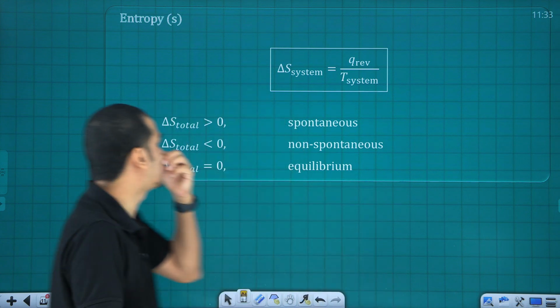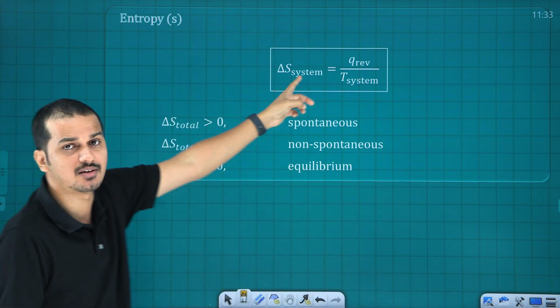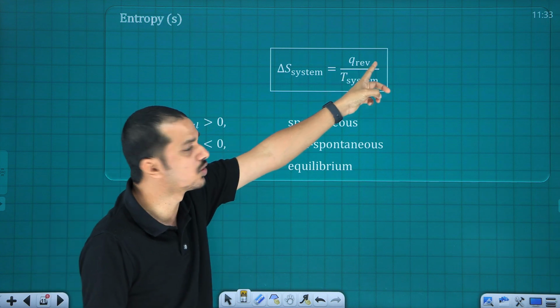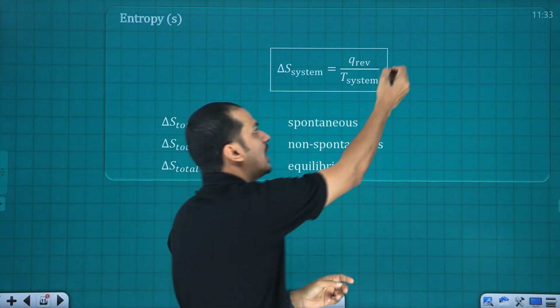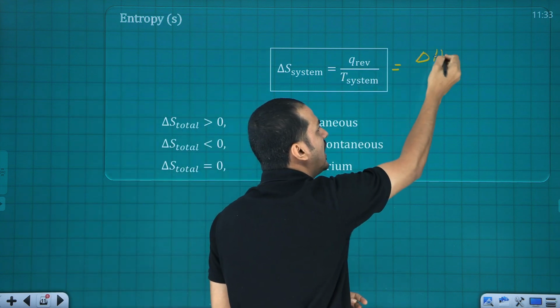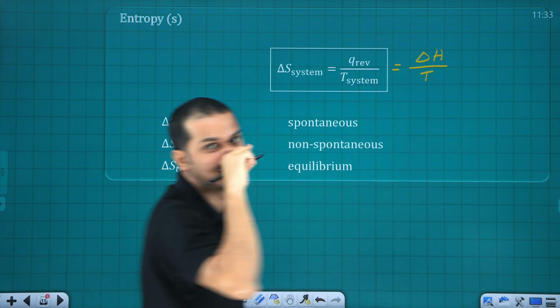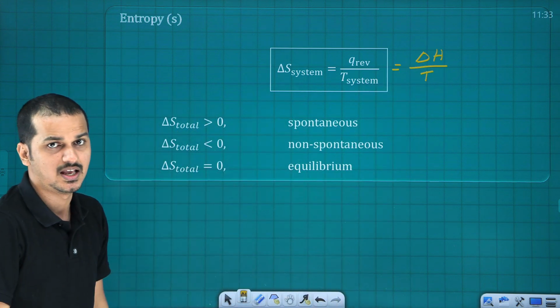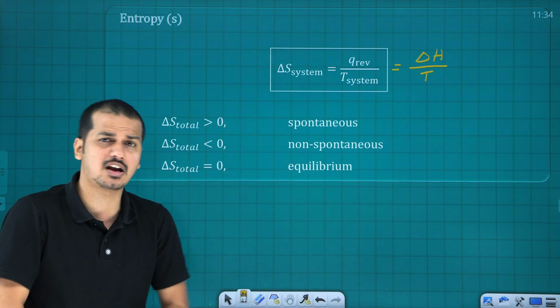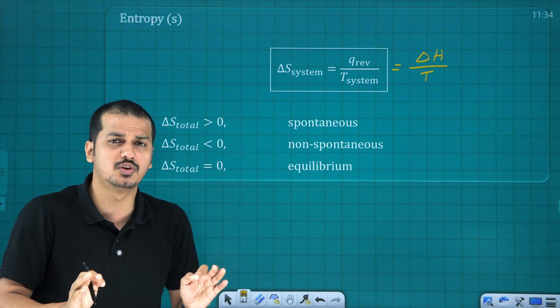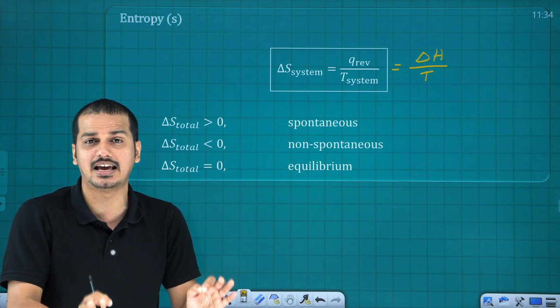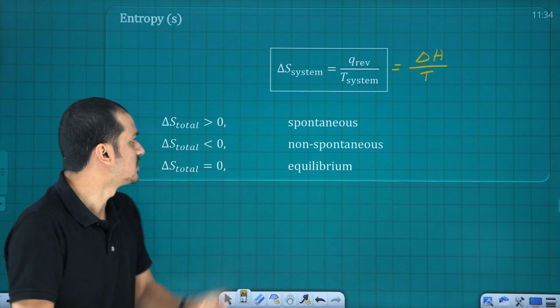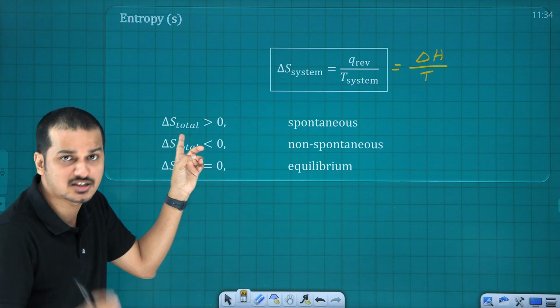Clear? Yeah. The entropy change of the system we can calculate by using the formula Q reversible by T system, or else we can use delta H by T system. That formula also we can use. Now, according to second law of thermodynamics, entropy of the universe increases day by day during spontaneous process. So from that idea we are getting delta S total.